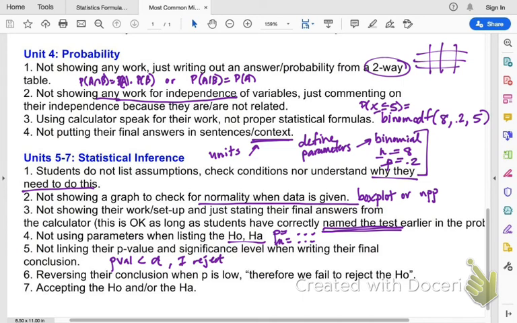Linking the p-value to the significance level. Reversing the conclusion, I don't think you guys are going to do that. We just reject. When the p is low, reject the H0. And don't ever accept. But you guys are not ever going to do that. I really don't think you will.